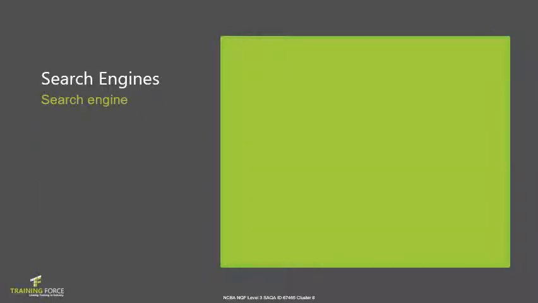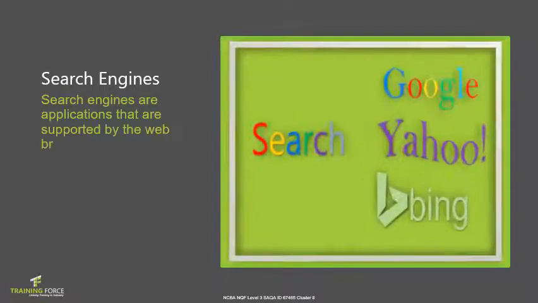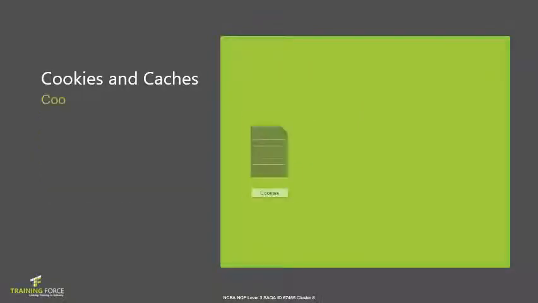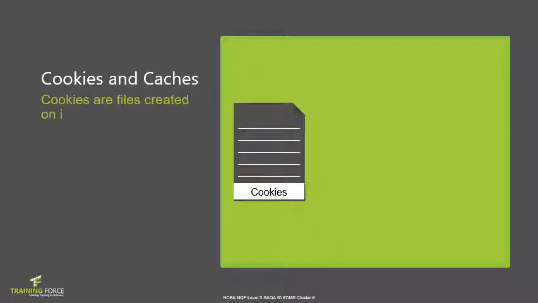Search engines are applications that are supported by the web browsers to provide a directory inquiry of information for specified keywords and/or phrases. Google, Bing, Yahoo are all examples of search engines. Cookies are files created on internet sites to store information on your computer.